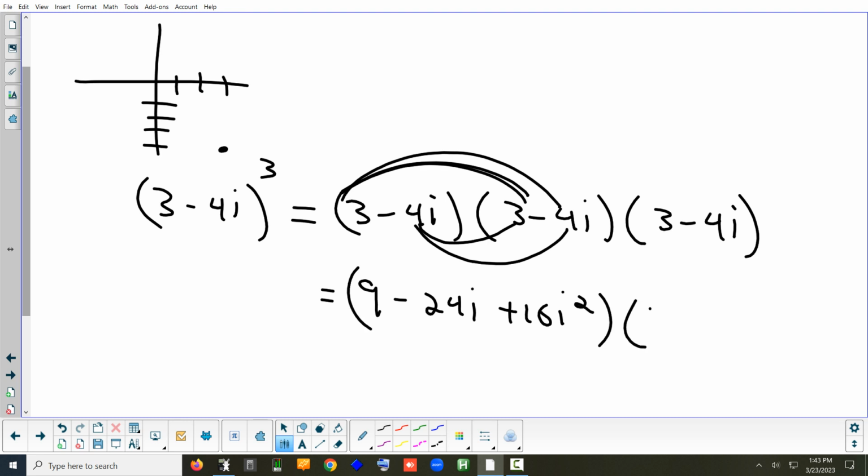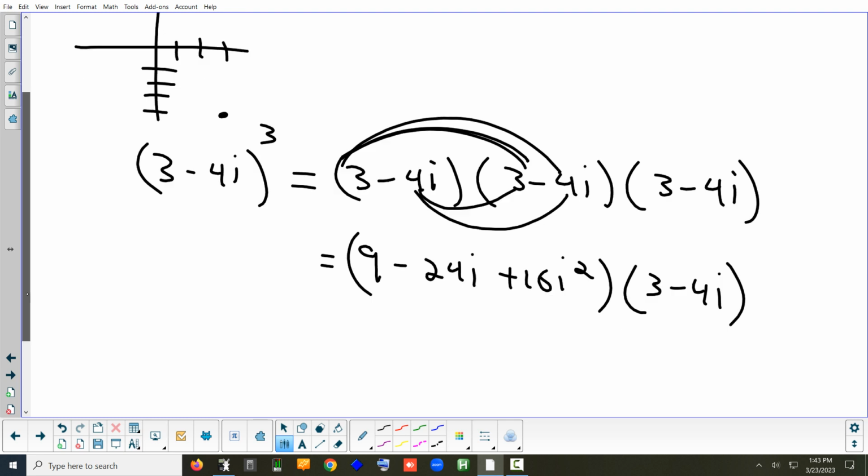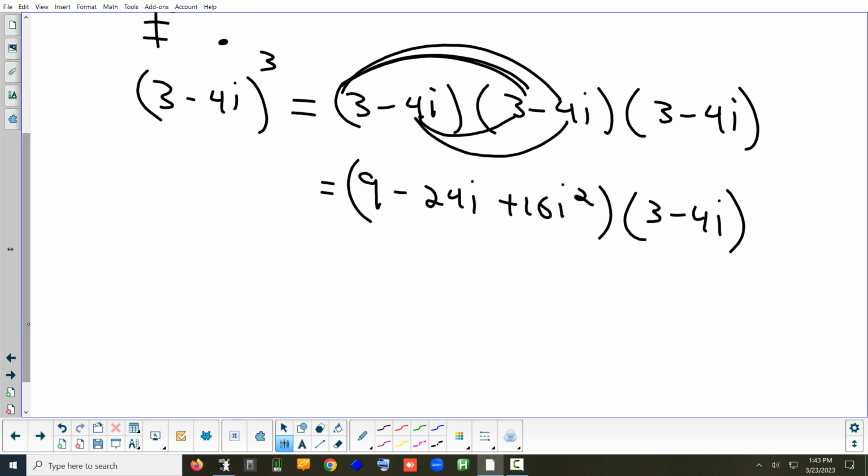So that's the first 2. I didn't do anything with the last 3 minus 4i yet. That's going to be at the end. Let's combine like terms. What's 16i squared? Negative 16. So my like terms are 9 minus 16. That's negative 7. Okay, so I get negative 7 minus 24i, and now we got to do it again.